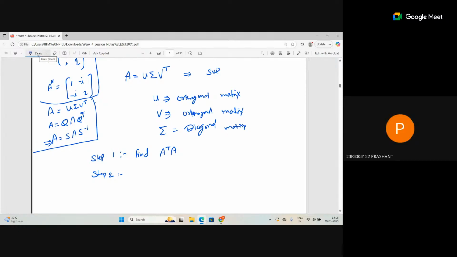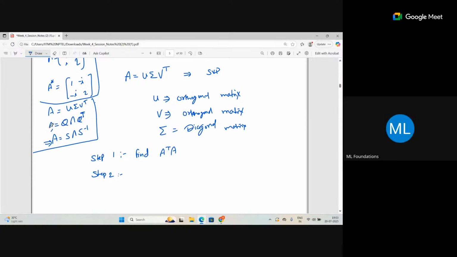The second decomposition, Q lambda Q transpose, is only used for a real symmetric matrix.